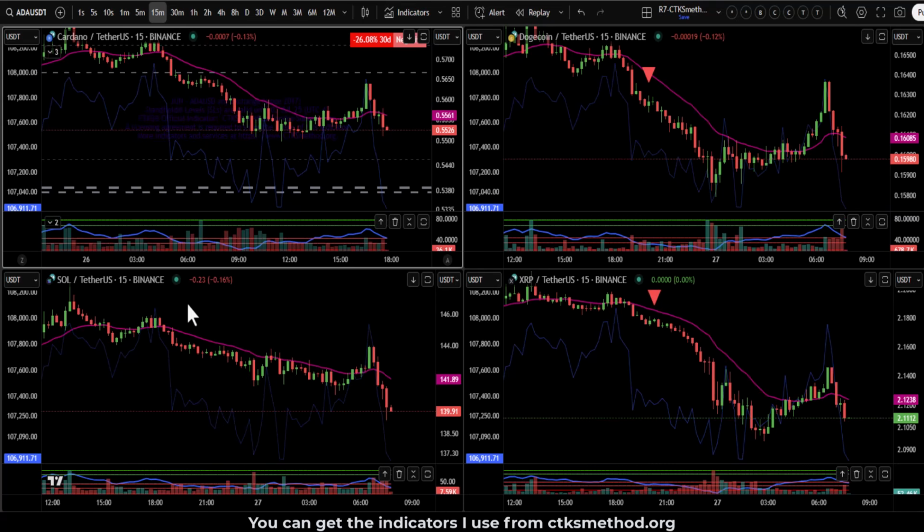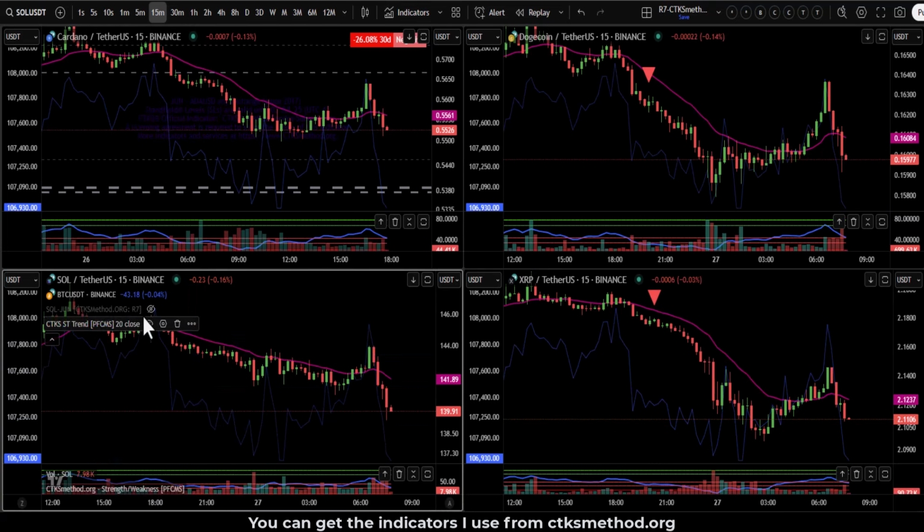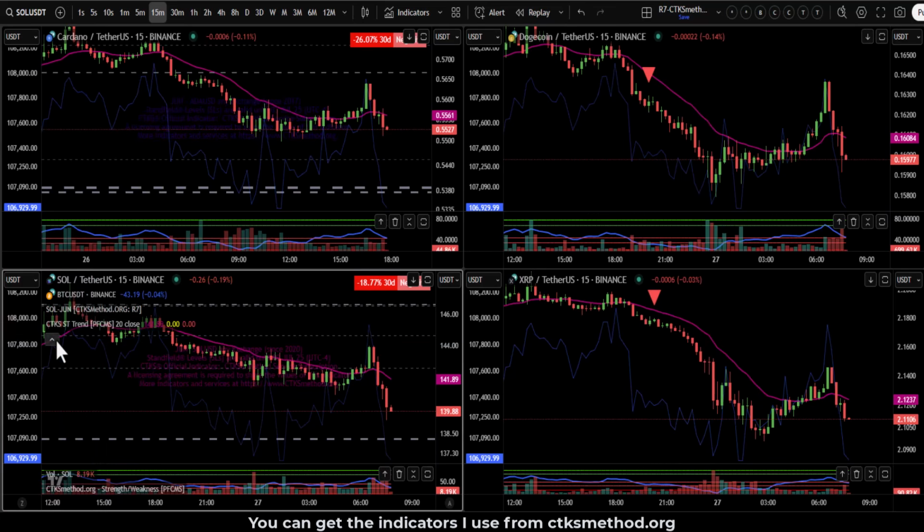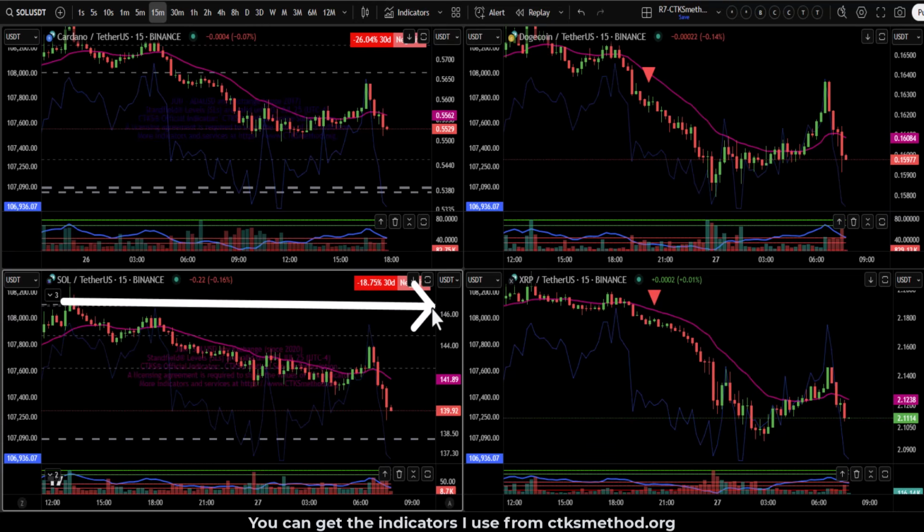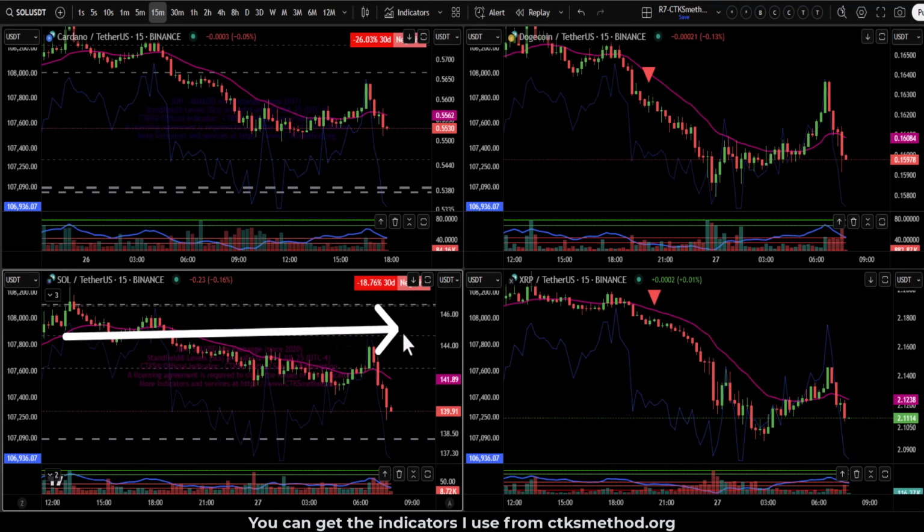But how can we talk about Solana? Where is Solana going? The very simple answer, Solana, as always, is going to structure. Solana's major structure was up here around that 146, 147 area. We can also see that this one structural support has turned into structural resistance just a little bit above 144.